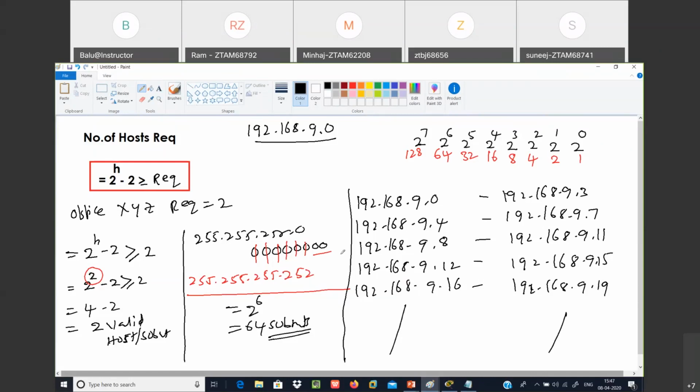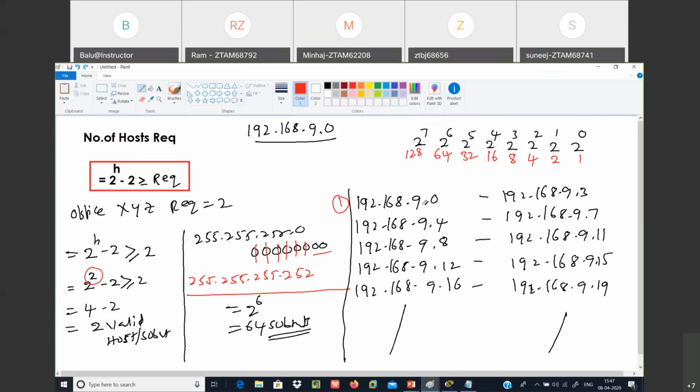Can you hear me, all of you? I have one small question. From the first subnet, 9.0 is the network ID, 9.3 is the broadcast ID, right?